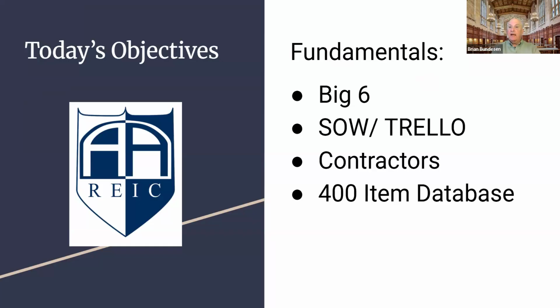I'm going to talk about a project management aspect of estimating rehab costs. And I'm going to talk about contractors, how to find them, how to deal with them, how to work with them, how to partner with them. And then I'm going to encourage you to create what I'm calling a pretty granular database of not only items, but tasks that are going to be involved in every project.